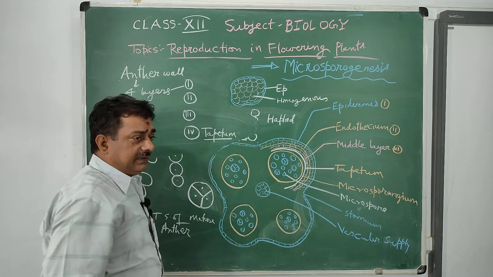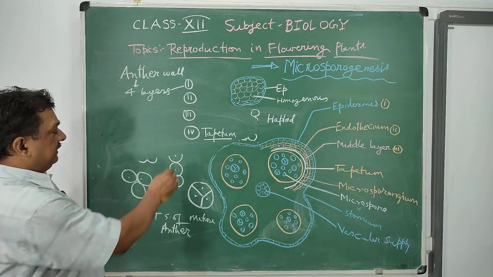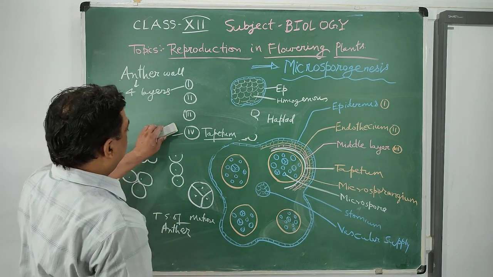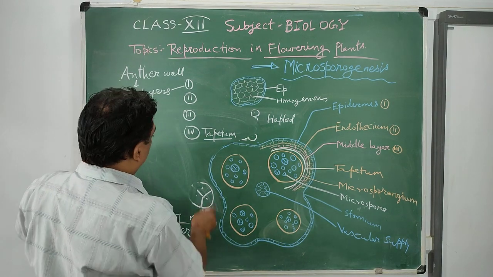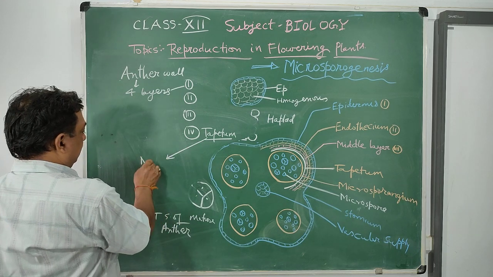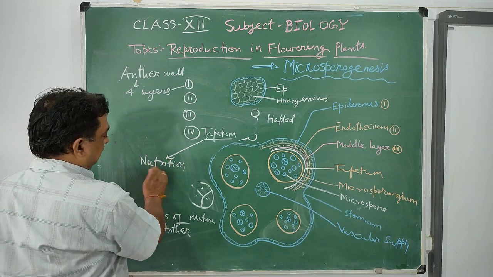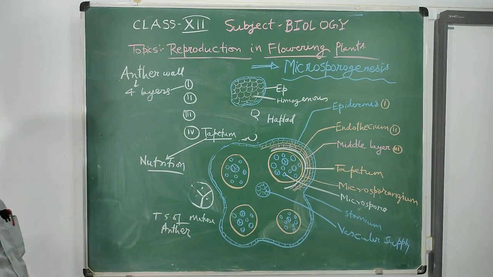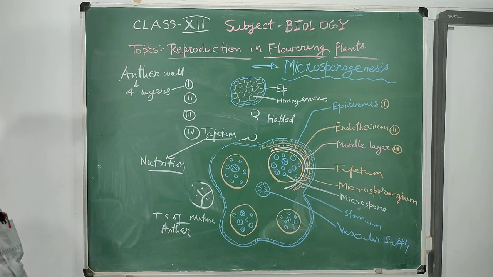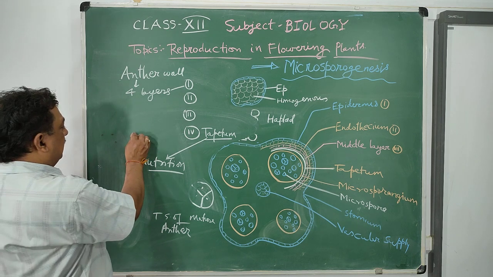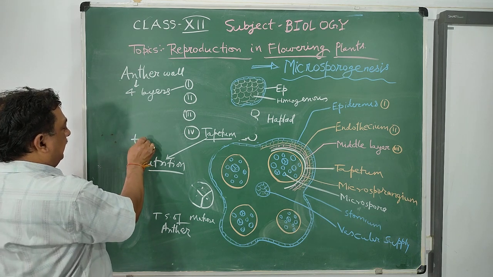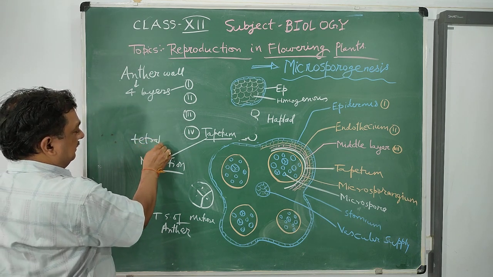Tapetum is very important, which provides nutrition to the developing pollen grain. The cells of tapetum undergo endomitosis, so sometimes may become tetraploid.